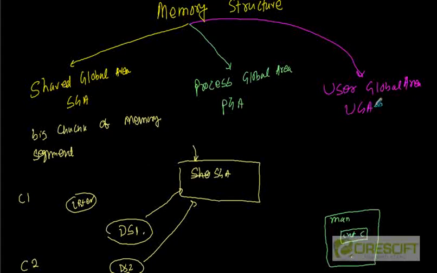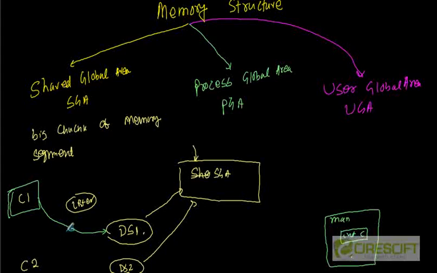Then the user global area: let's say this user C1 is going to open some cursor, or write a select statement which is going to sort, that means select star from EMP order by something, or give a group by clause in the query. In that case it requires additional memory on which it is going to do the sorting, or fetch those cursors.